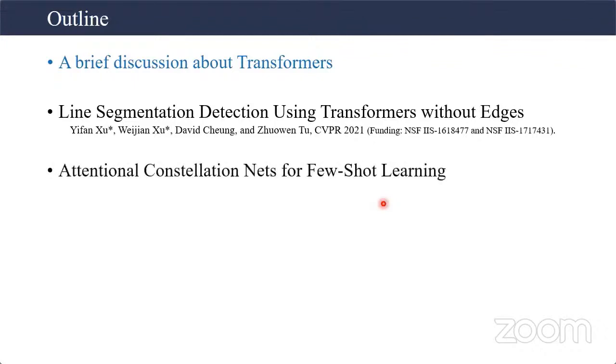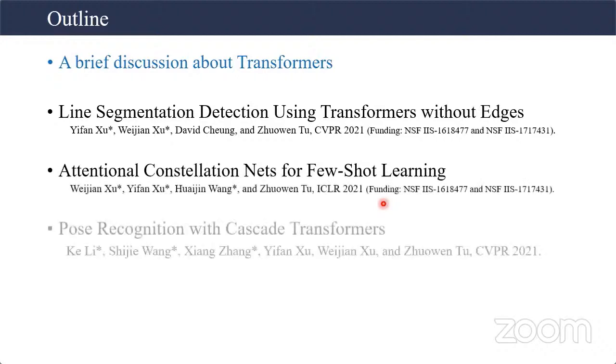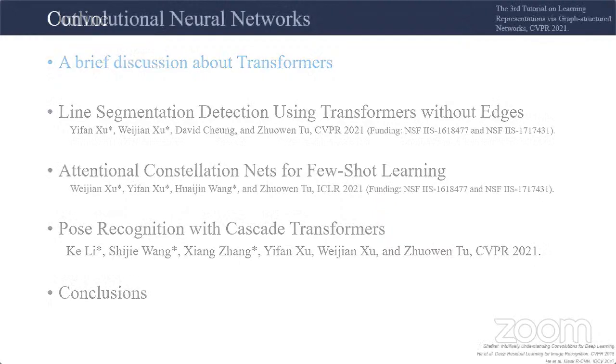Next, we will discuss our ICLR 2021 paper that learns a constellation net model for few-shot learning with self-attention operated on the learned object parts. We will then go over another paper of ours at CVPR 2021 for pose recognition using transformers. Here, the key points for the individual persons are to be detected, and the key points are another type of geometric structures of interest. We will then conclude.